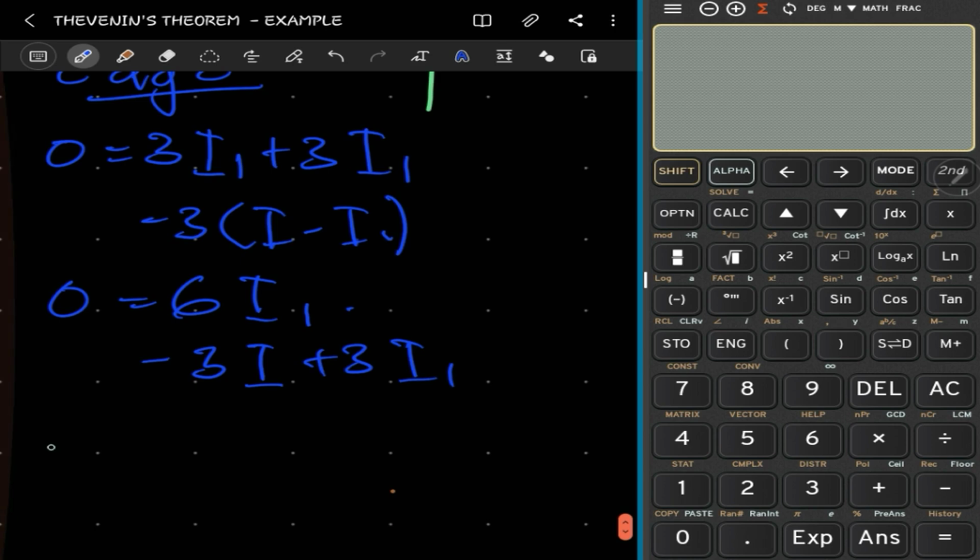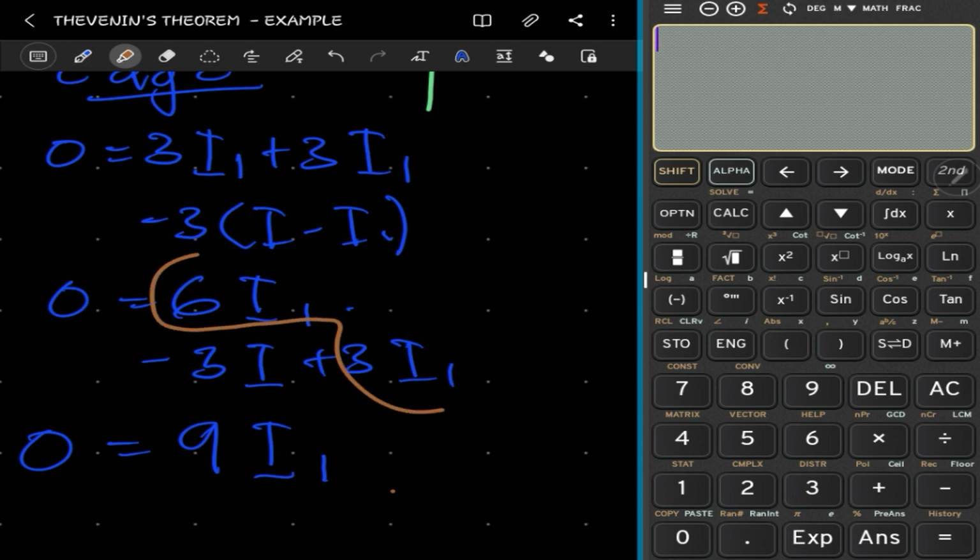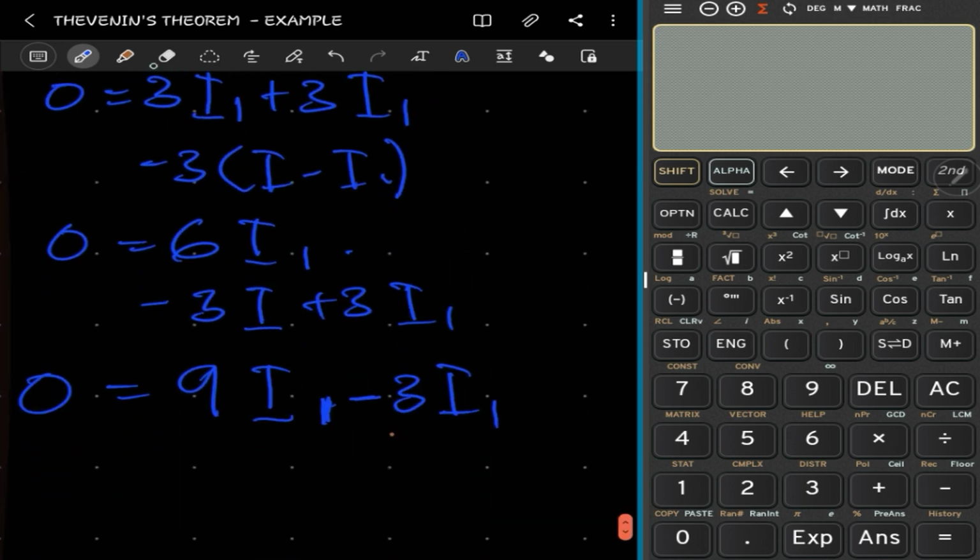So we're now getting 0 is equal to 6 plus 3, that gives us 9, so that's 9I1, just this plus this here, and then we have minus 3I. So now we have this one equation.